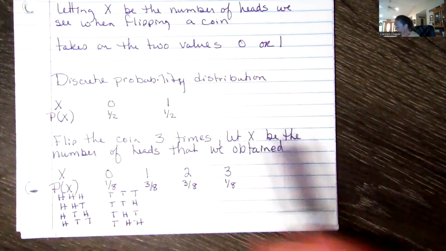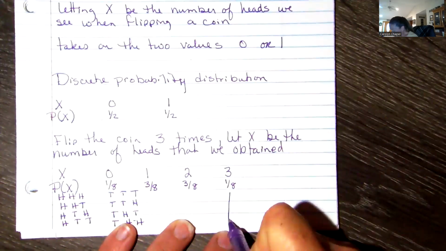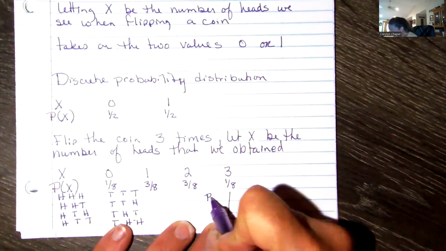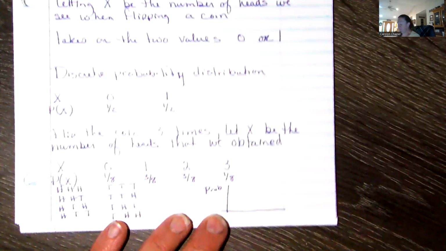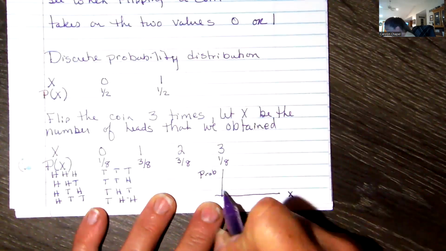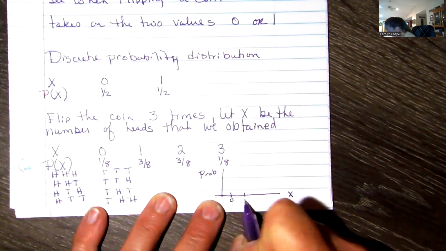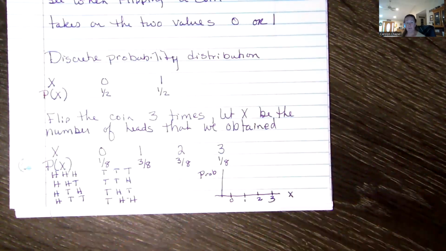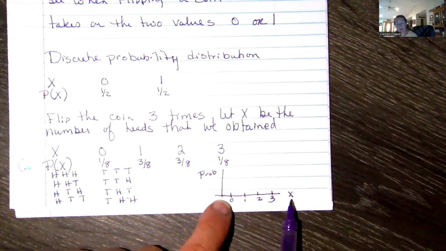But what you'll see just generically here, a real rough graph, is you'll have your probabilities on this axis here. You'll have your X values, so our X takes on 0, 1, 2, and 3, and you would probably, of course, include a title, and label what this X actually represents, so the number of heads that you see in 3 flips.